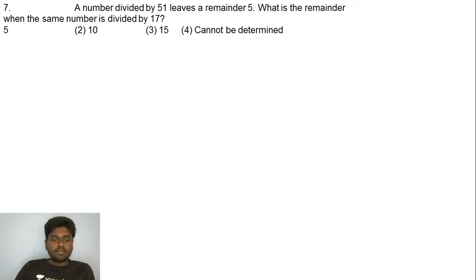A number when divided by 51 leaves a remainder 5. What is the remainder when the same number is divided by 17? Interesting question for you.